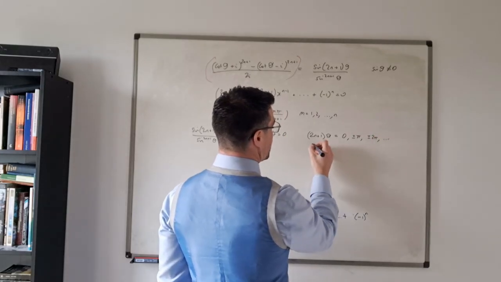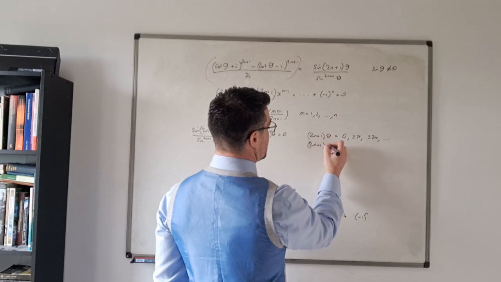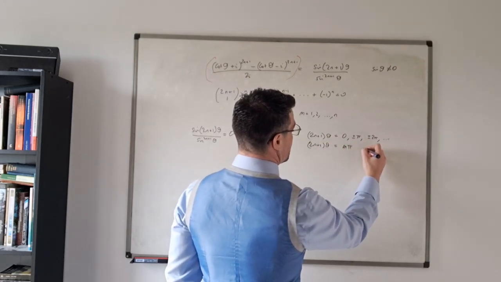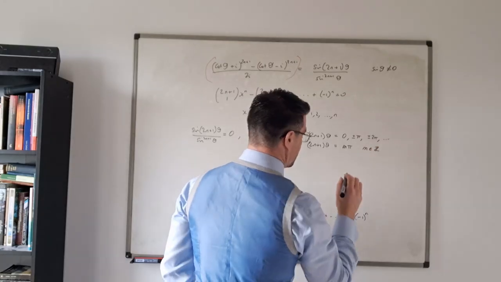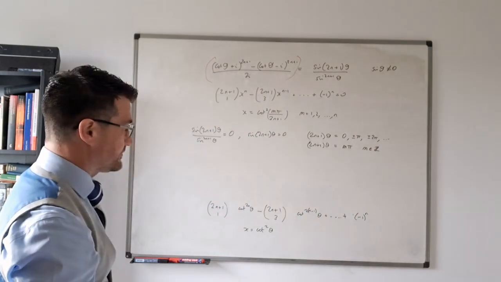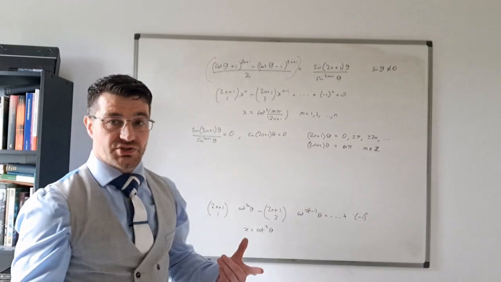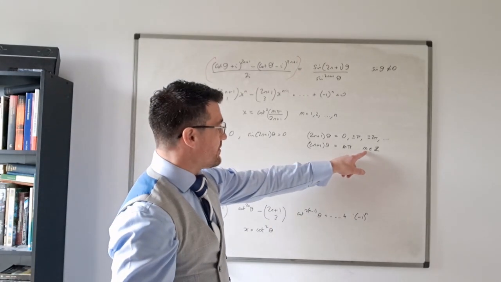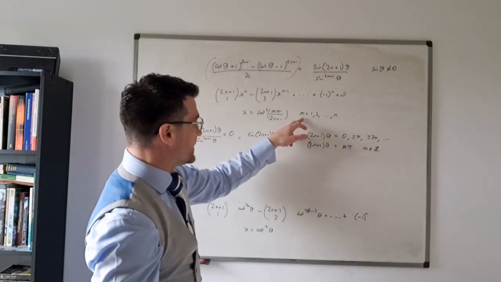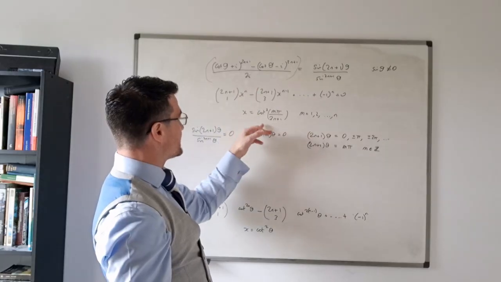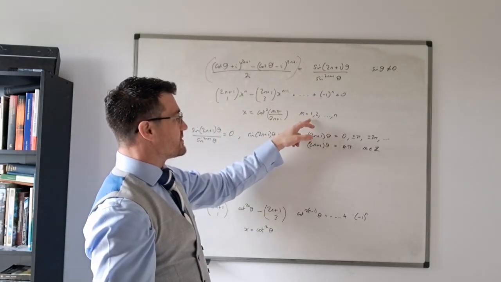So in other words, 2n plus 1 theta must be equal to m pi, for m an integer. But that's too many values of m, right? Evidently, because we're told that these are the solutions to this equation for m equals 1 to n.